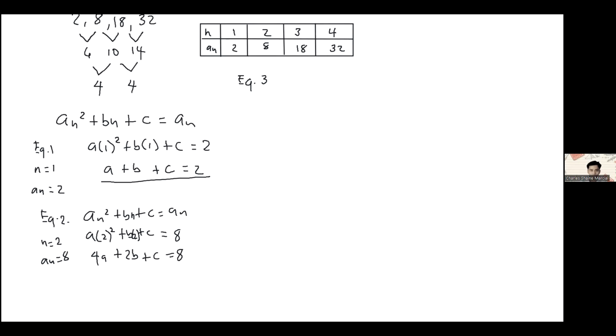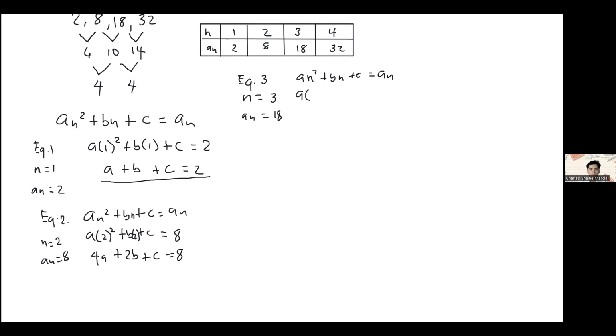Alright? So, yung value ng n is equal to 3 and yung value ng a sub n is equal to 18. Okay, let's find the equation 3. So we have a times n squared plus bn plus c is equal to a sub n.